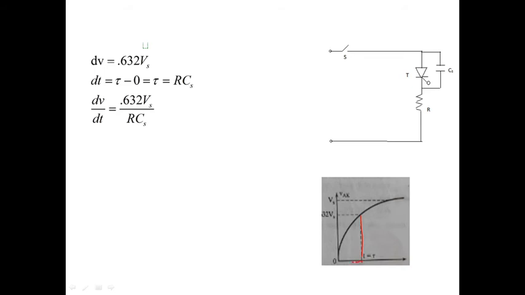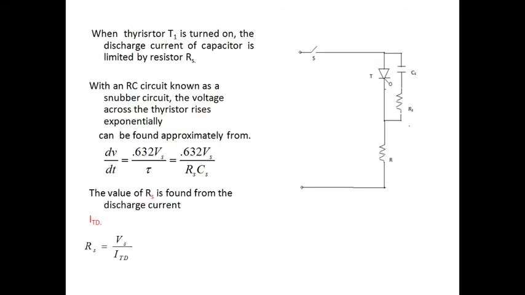What is tau? We have considered R and Cs as tau. So what is dV/dt? It is 0.632 Vs/(R Cs). This is a mathematical equation describing the dV/dt when you apply a capacitor of this value and R of this value.